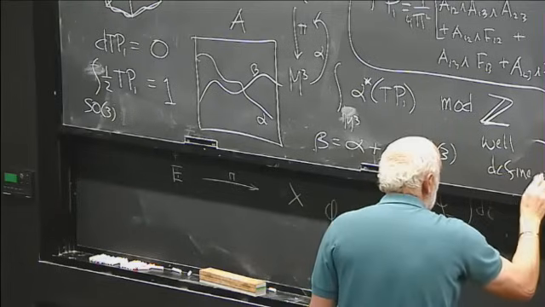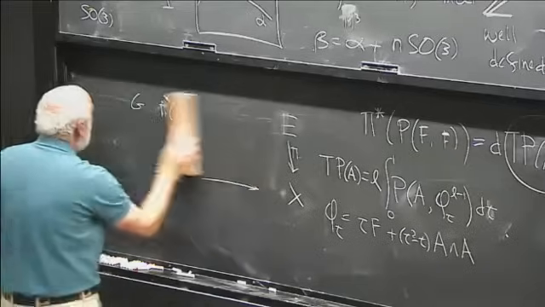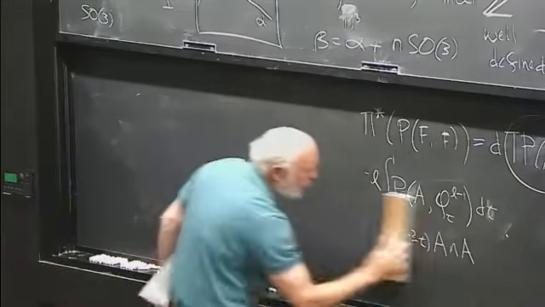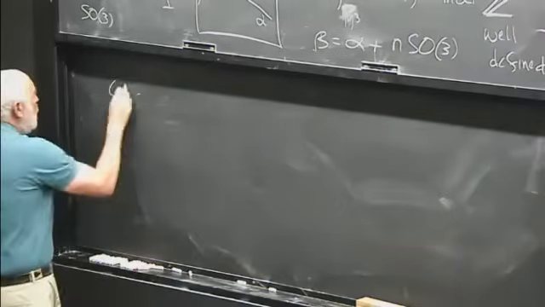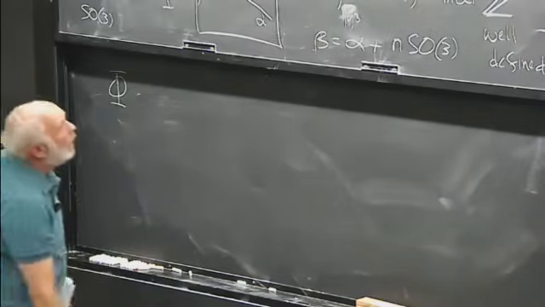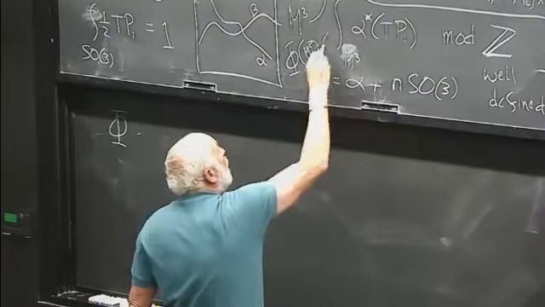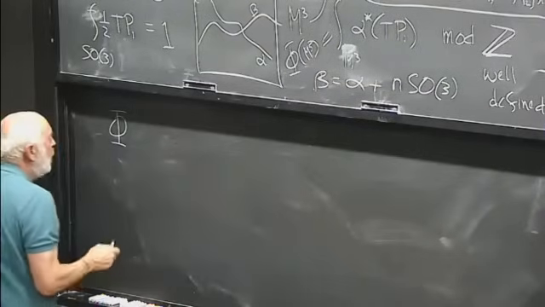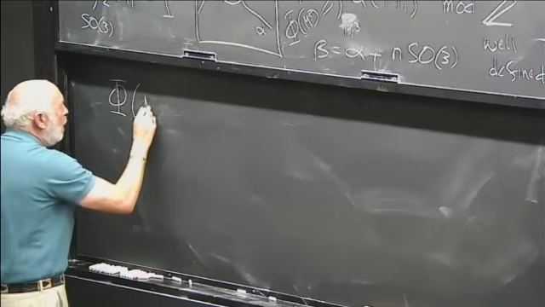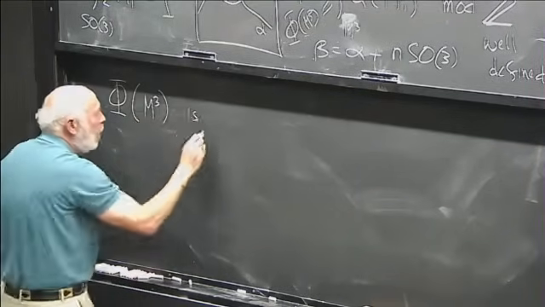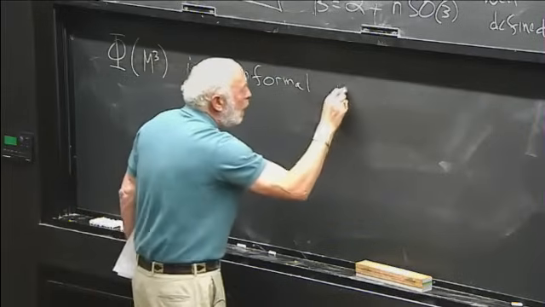So this is a function of a Riemannian three-manifold. It gives you a number. So we'll call it phi, phi of M3 equals that. So it has two nice properties that were very useful. First of all, phi of M3 is a conformal invariant. That's one.